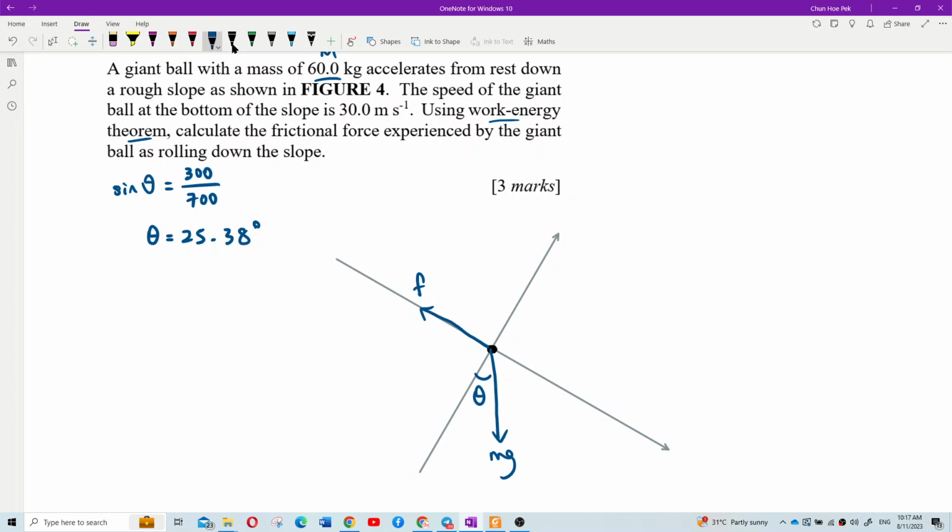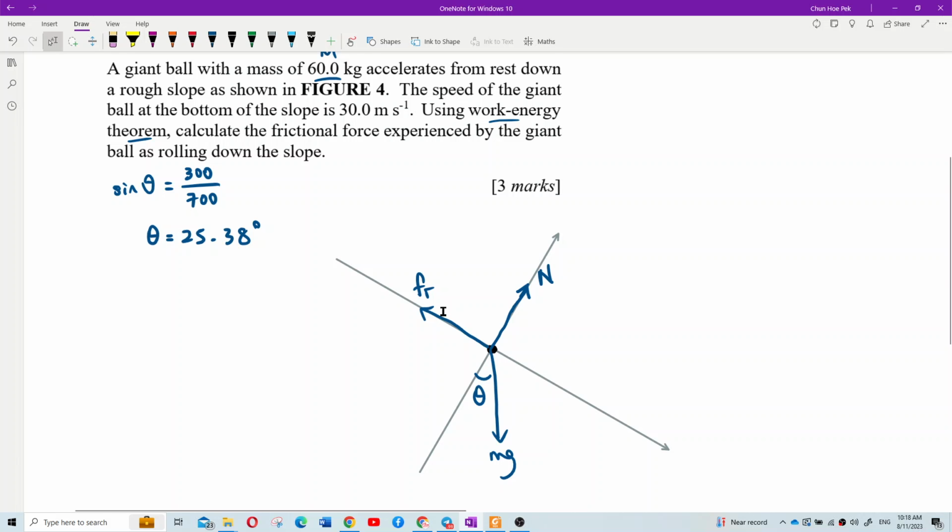So not kinetic, actually it's static friction, but I don't want to mention here, just a friction. Actually it's static friction because a ball is rolling. If rolling, it is static friction, not kinetic friction. Do you remember that one?